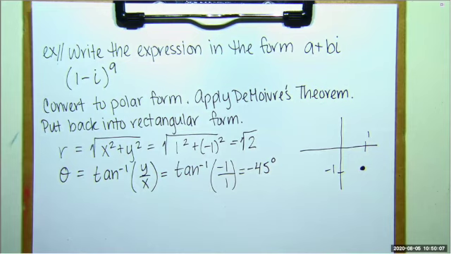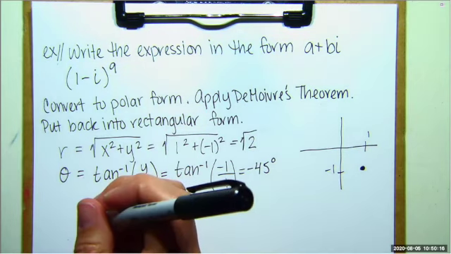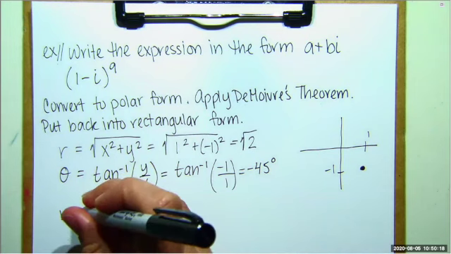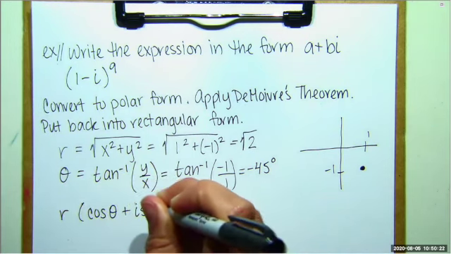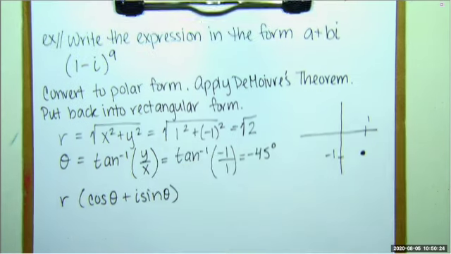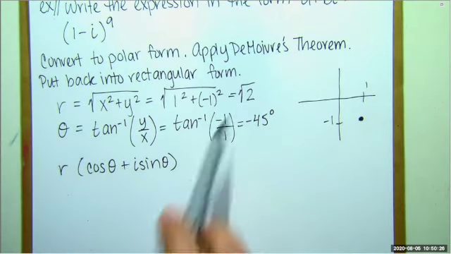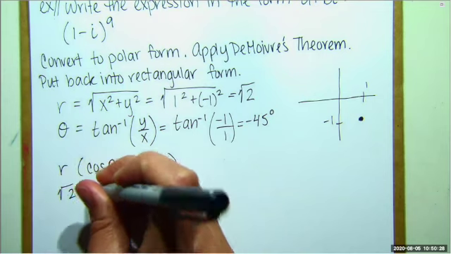Now what I'm going to do is use the equivalent angle in radians because that's easier to multiply out. So we know our polar form is r cosine of theta plus i sine of theta with r and theta filled in. Okay, so I just figured out up here r was square root 2.